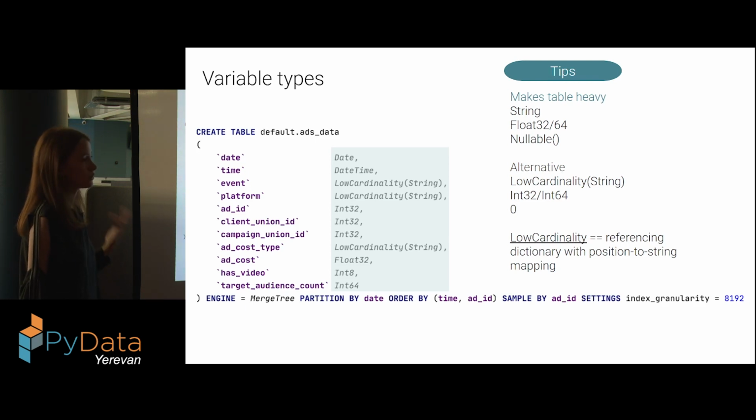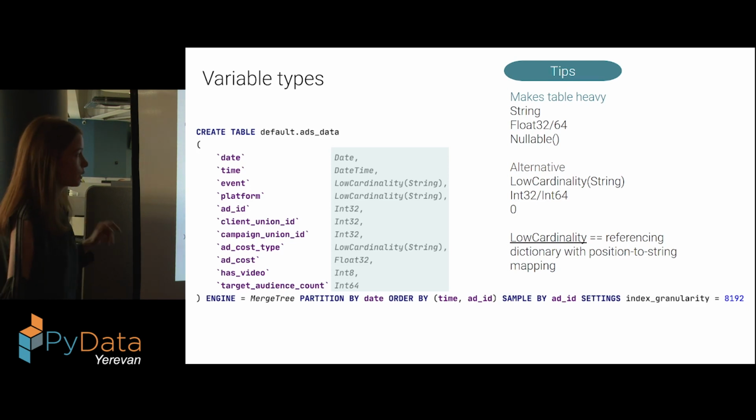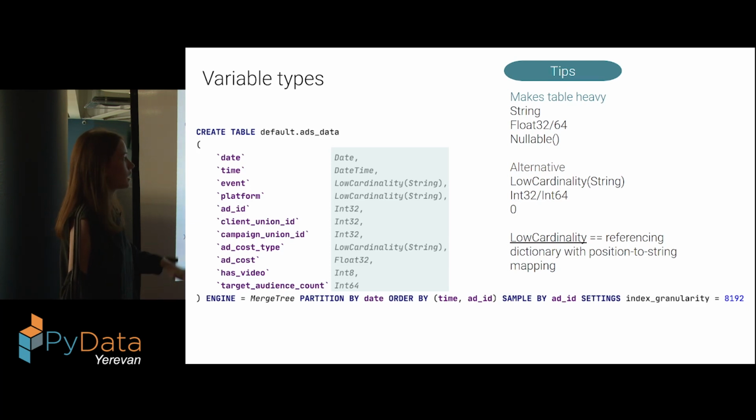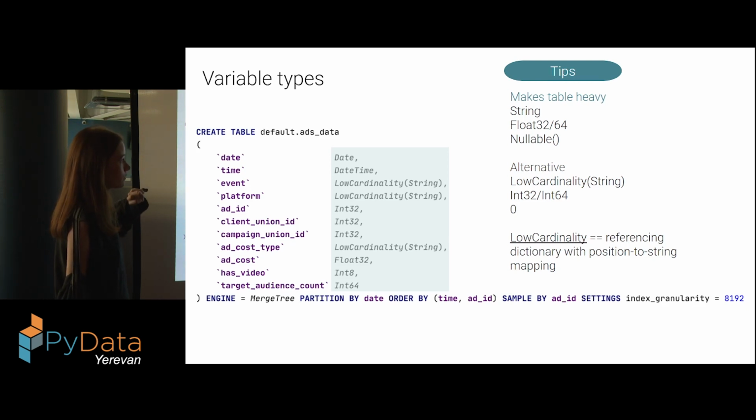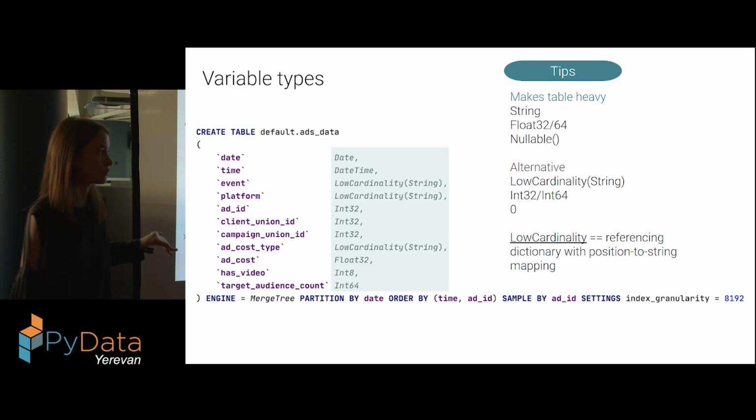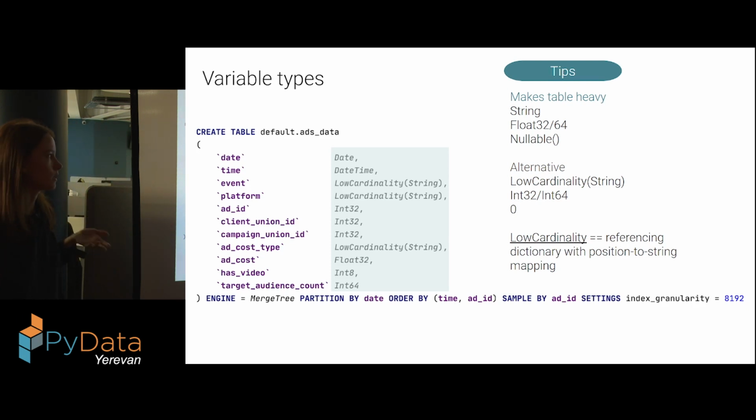So for alternatives, you have low cardinality string. It's one more magic feature from ClickHouse. What does the low cardinality function do? It compresses all the strings that you have and stores them in a more efficient format for ClickHouse. But for you, it's just a string, so you will see it as a basic string as always. But here is an important tip also.